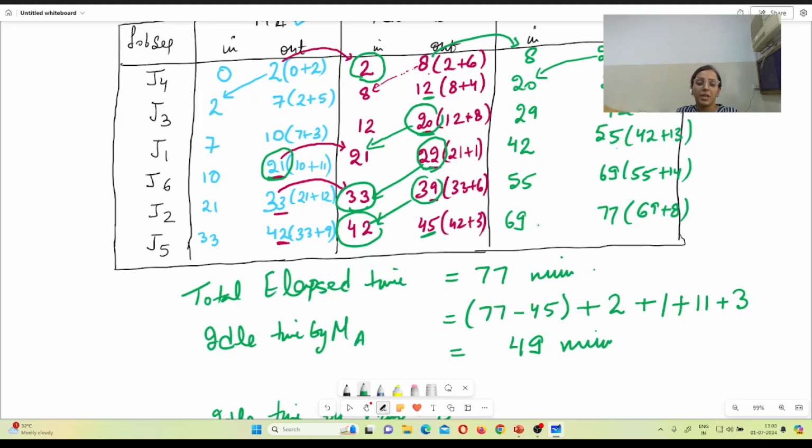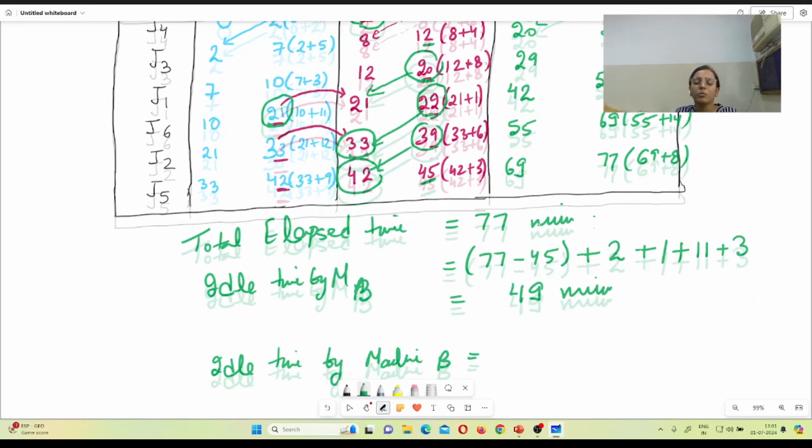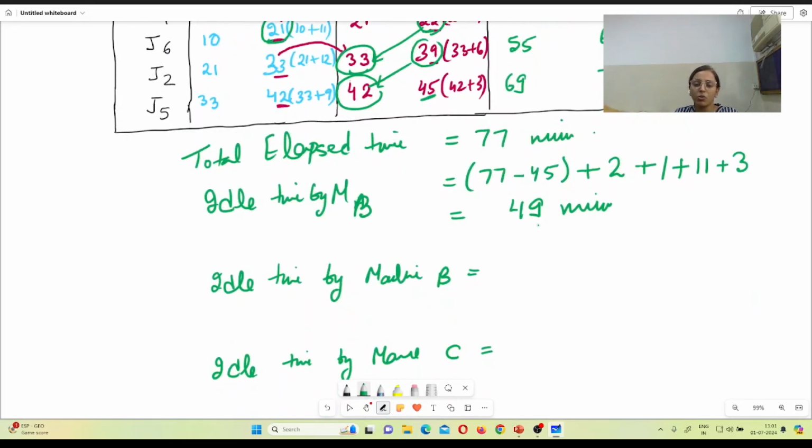We were talking about machine B, and if I'm talking about machine A, the same process we have to follow. This is the concept of machine B. And if I'm writing it for A, how do we find it out? The total time taken by this machine is 77, right?